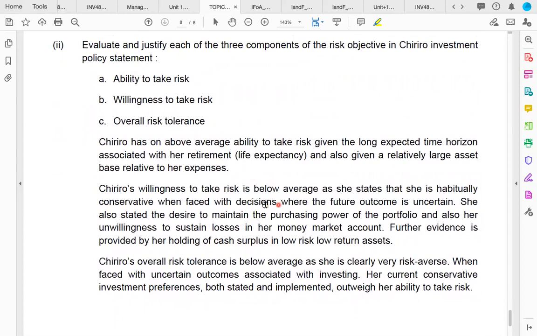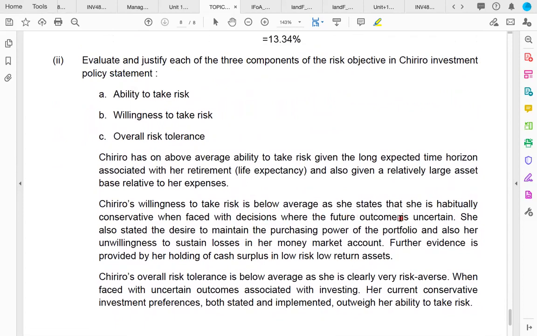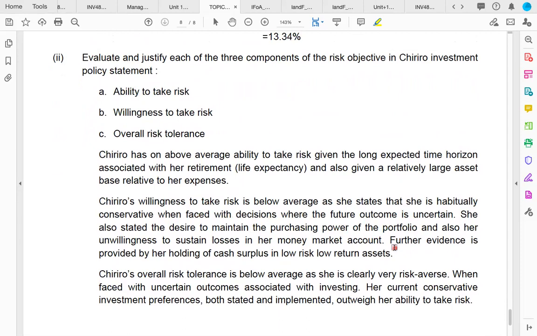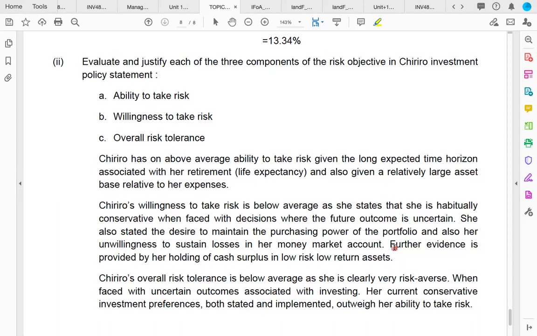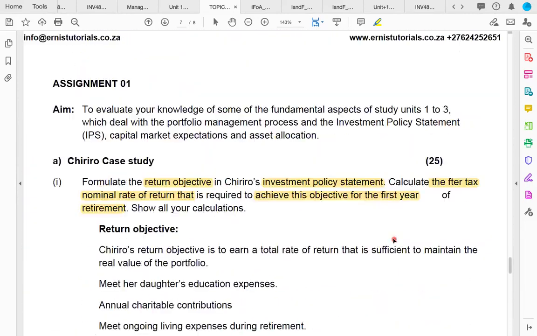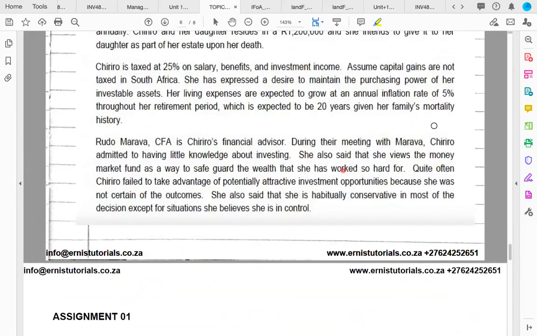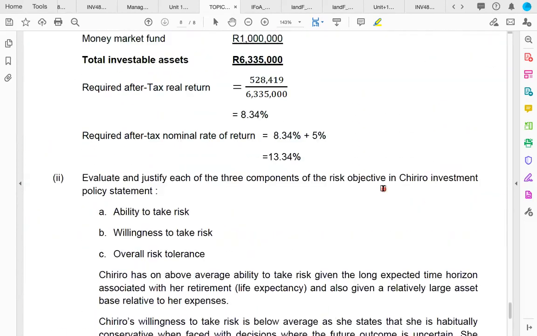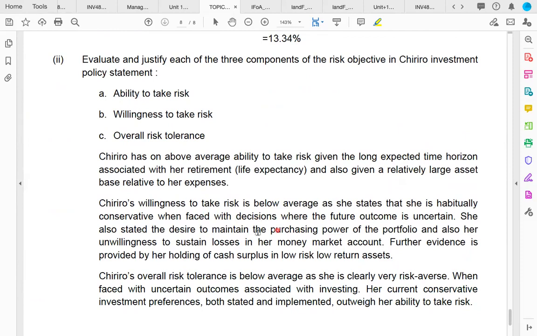And then her willingness to take on risk is below average because she said that she's conservative and she's someone who likes to only make decisions if she's in control. She also doesn't want to risk her money losing its purchasing power. So for willingness to take risk, you listen to what the investor says, what does he talk about, and then you come to a consensus on what the willingness to take on risk is.